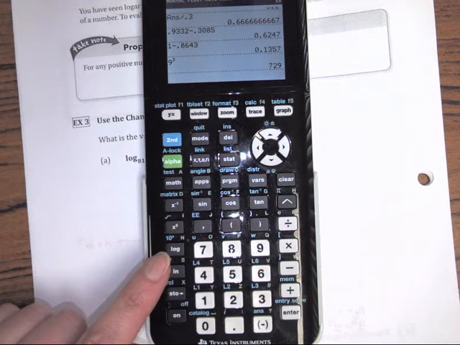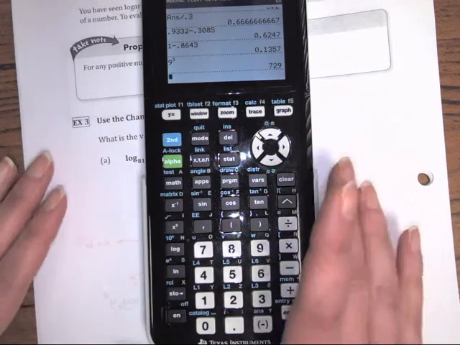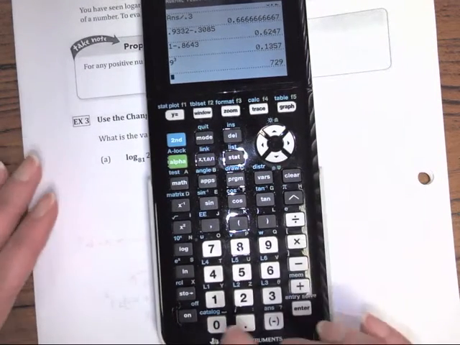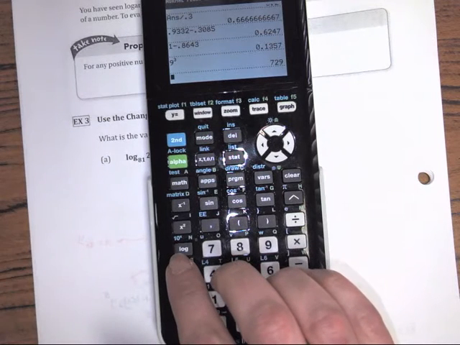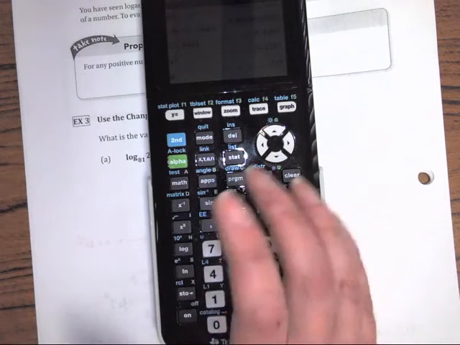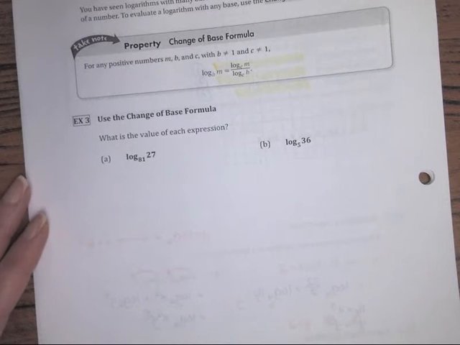I can show you later how to use different bases, but let's assume that you can't use different bases because your calculator doesn't have those capabilities. It does, and I'll show you later. But there is a way that we can rearrange our logarithm to get the calculator to do it. And it's called the change of base formula.